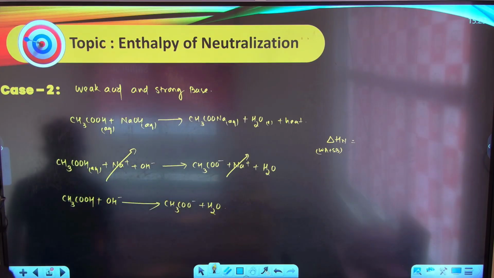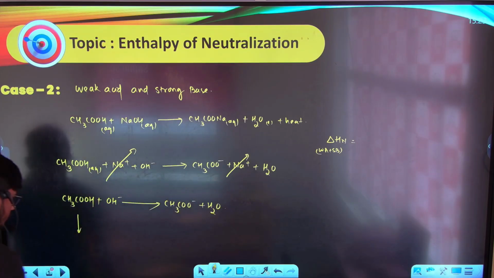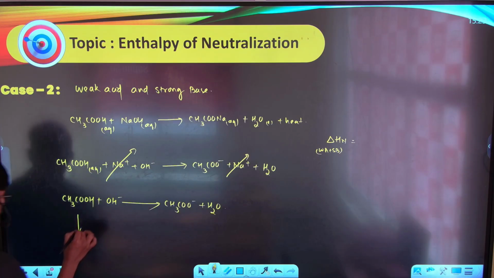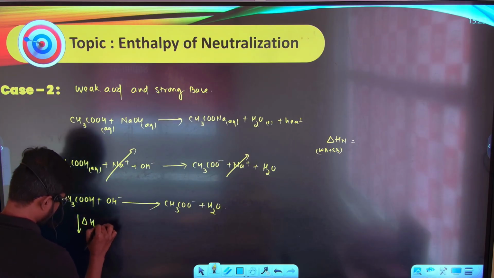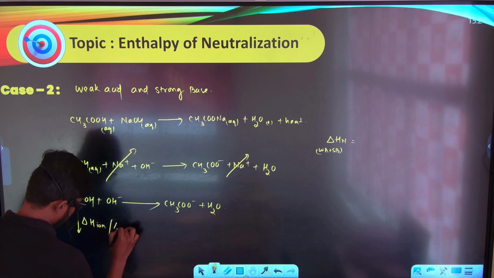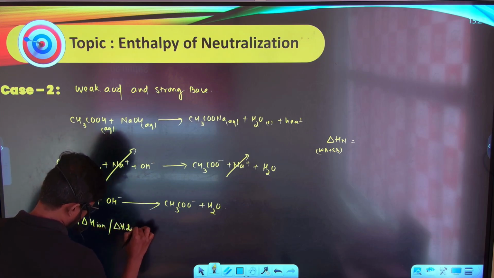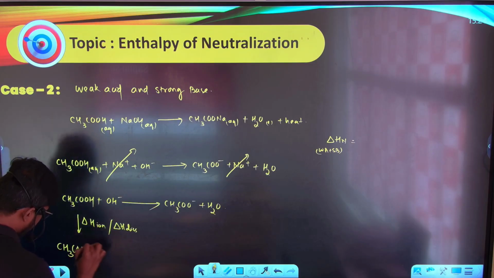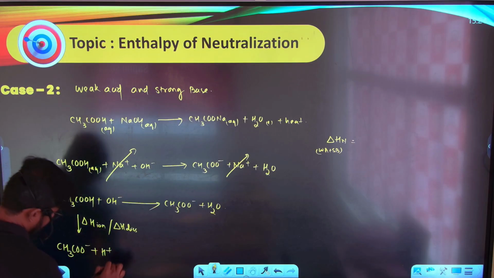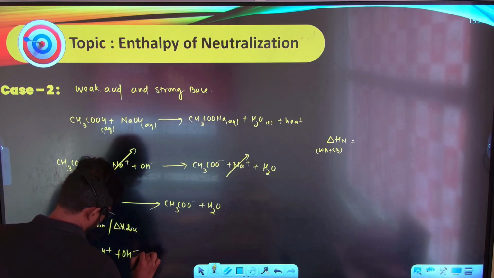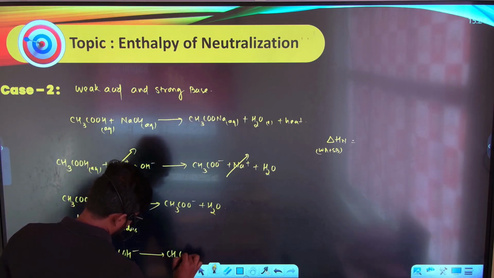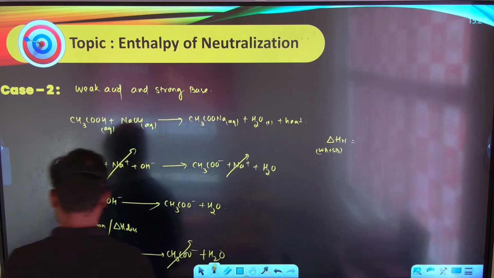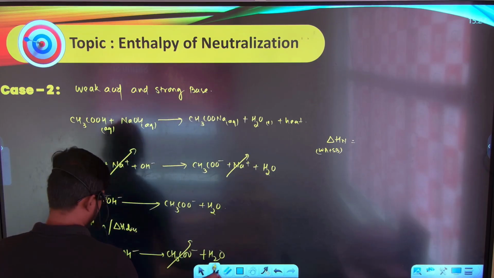So if I ionize this, give some energy and make it completely ionizable, I provide delta H ionization, or we may write delta H dissociation. So this will be completely ionized as CH3COO minus plus H plus, and OH minus gives rise to H2O, and we may cancel out the common ions, and I have my net equation like this.